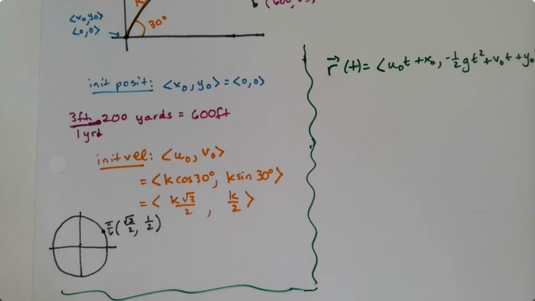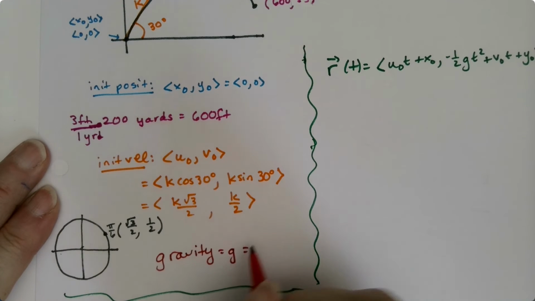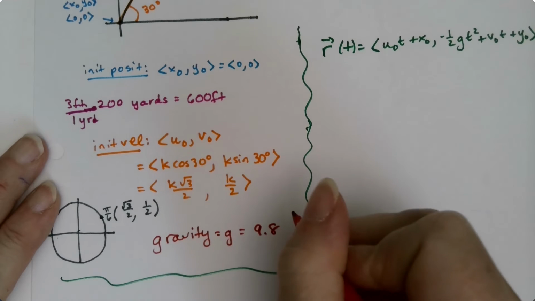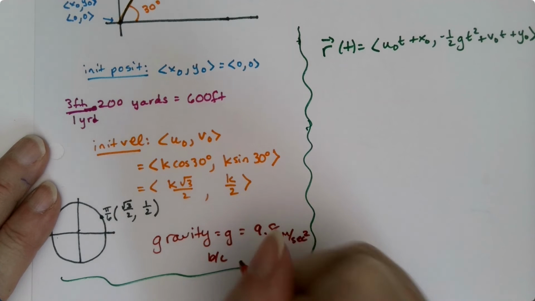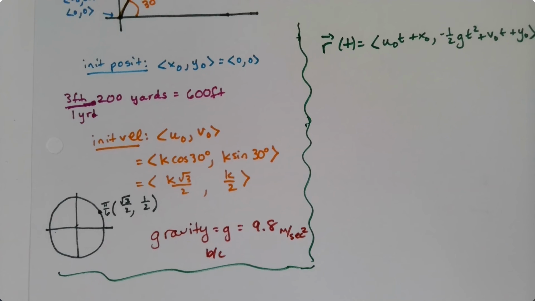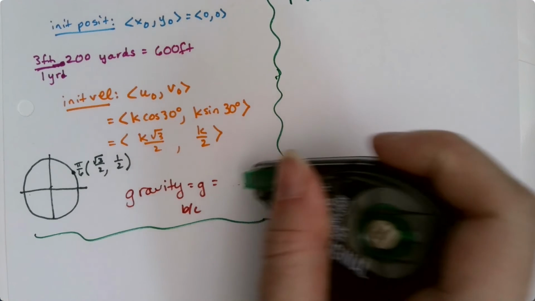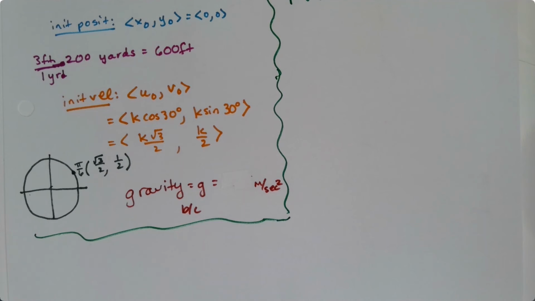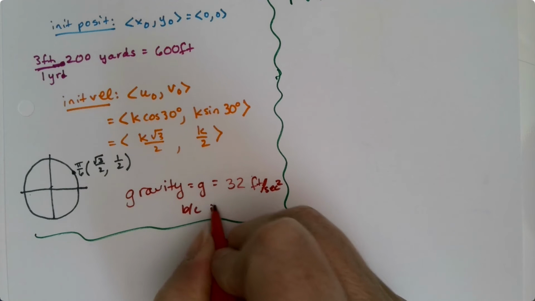Again, gravity, g is 9.8 meters per second squared because we're metric. Oh, no, we're not. No, we're not. I don't know why I thought we were. We're in feet and yards. That's not 9.8. That's 32. It's 32 feet per second squared. That's the other one. Because we are not metric. We're in the imperial system.